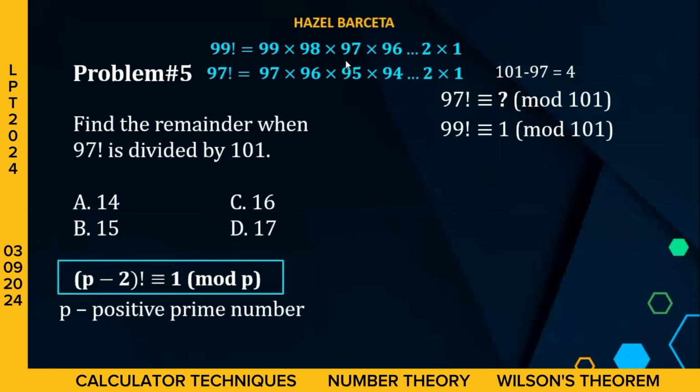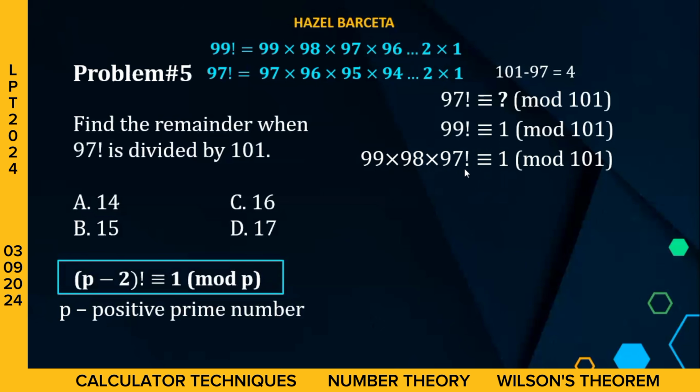Mapapansin po natin, we have 97 times 96 hanggang times 2 times 1, which is equal to 97 factorial, right? Hence, our 99 factorial can be written as 99 times 98 times 97 factorial, which is congruent to 1 mod 101.